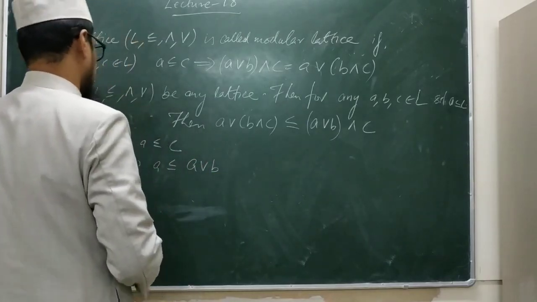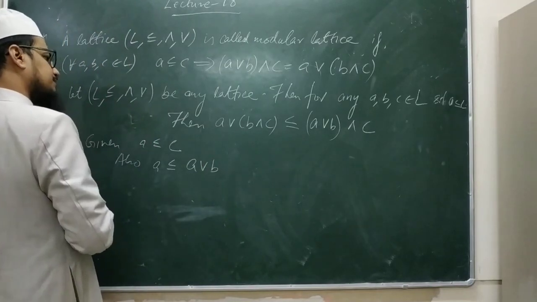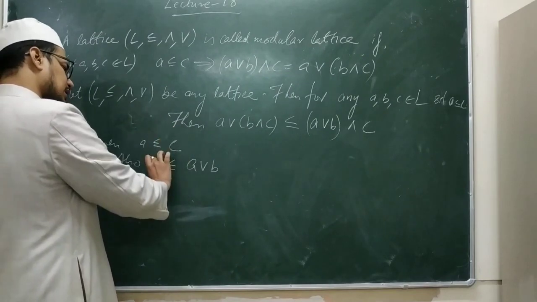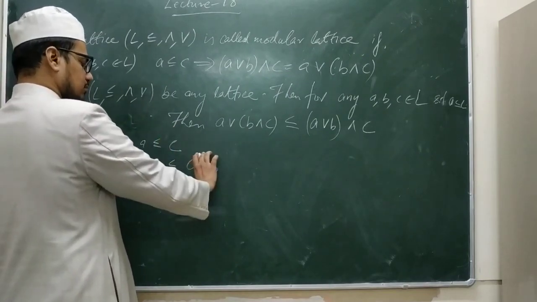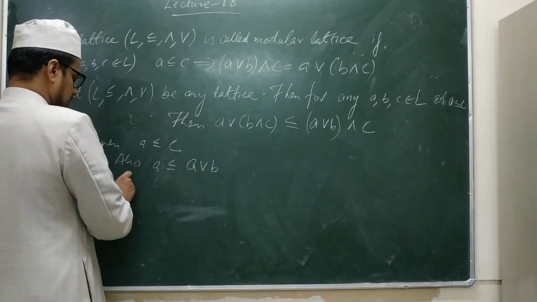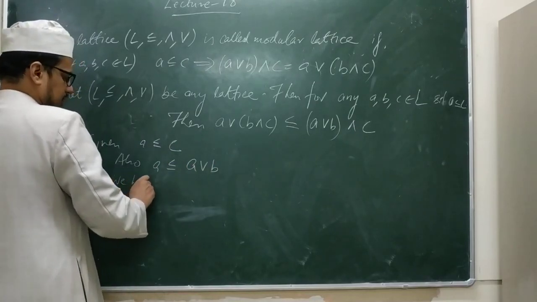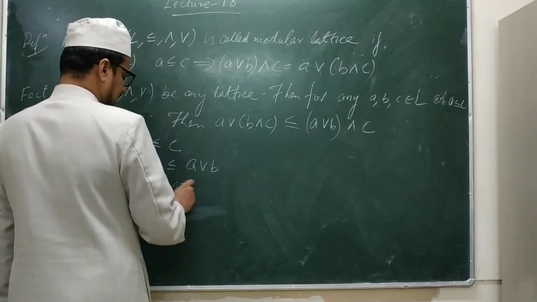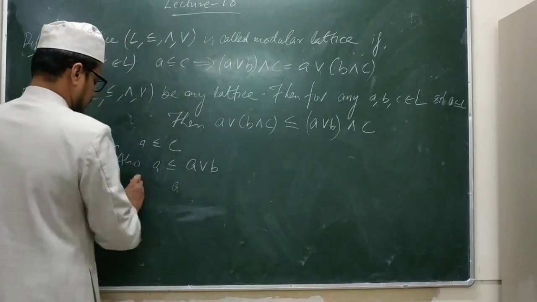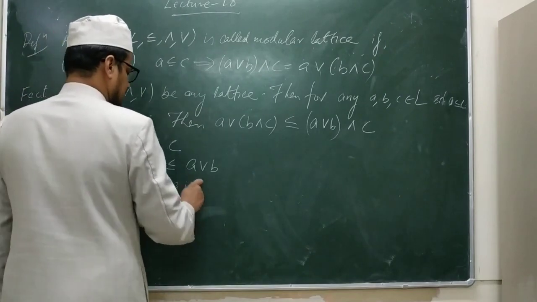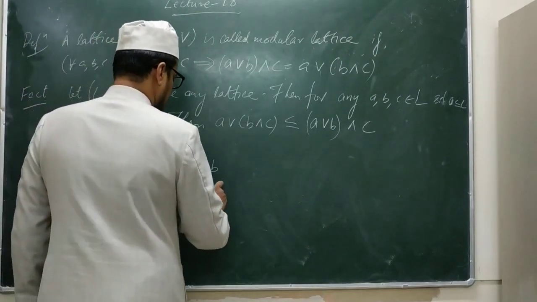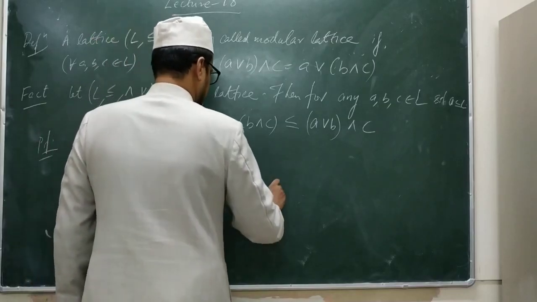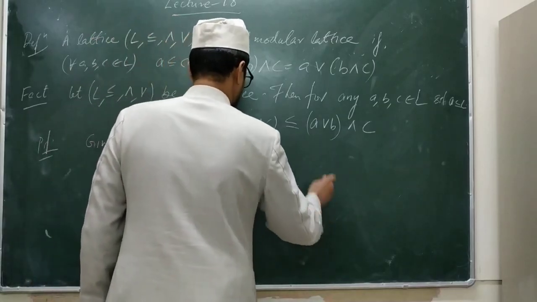Now see the situation. The situation is that A is a lower bound of C, and A is a lower bound of A join B. So A is a lower bound of A join B and C, correct?